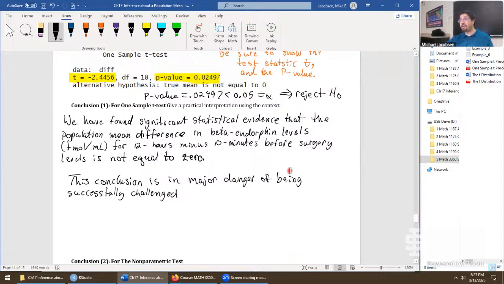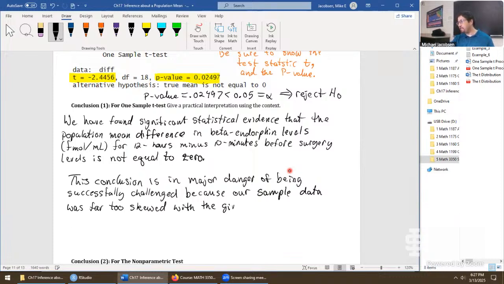The major danger here is because our sample data was far too skewed. Don't forget, it's not just about the skewness, it's the sample size as well. It was far too skewed with the given sample size for our method to be reliable.